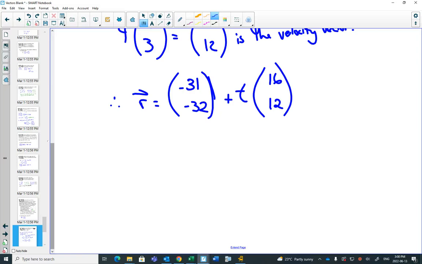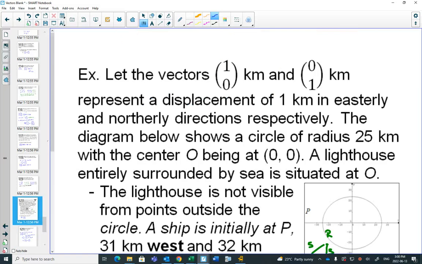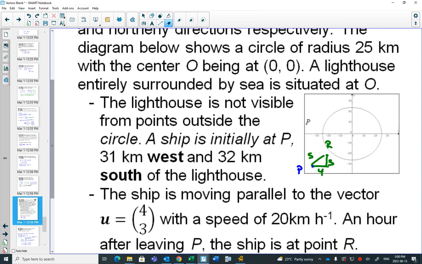Okay? So going back to our diagram, we've got P. We've got R. In 1 hour, does it make sense that this would be 20 kilometers difference between them?